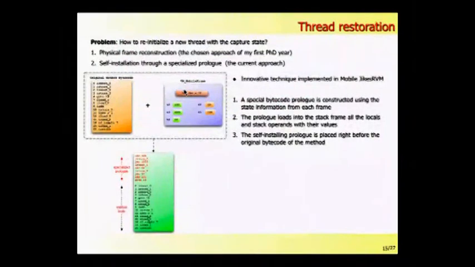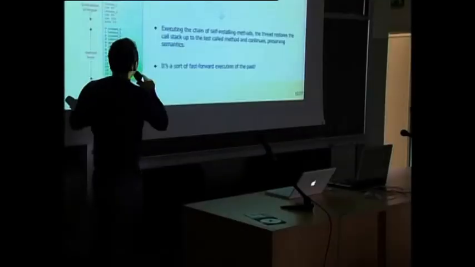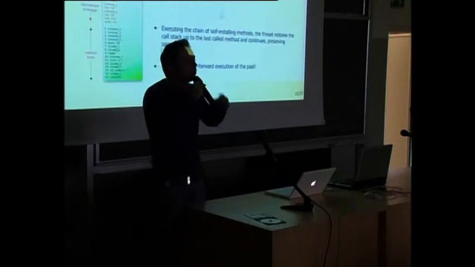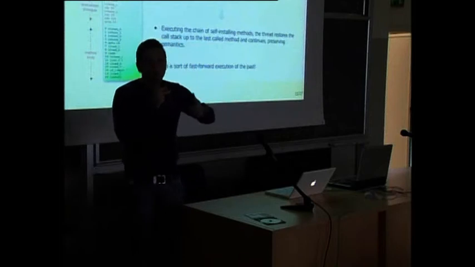Executing the prolog has the effect that the frame is reinitialized at the beginning of the method. So it can be said that thread restoration is like a fast-forward execution of the past history of the thread, which means that the thread invokes each method in the call stack, rerunning its past history.